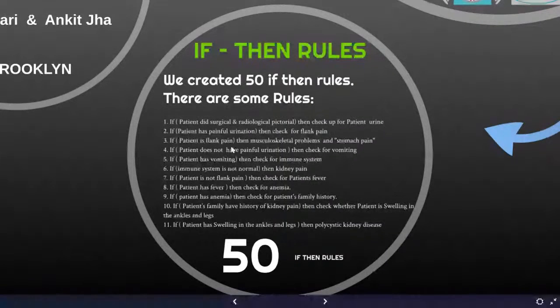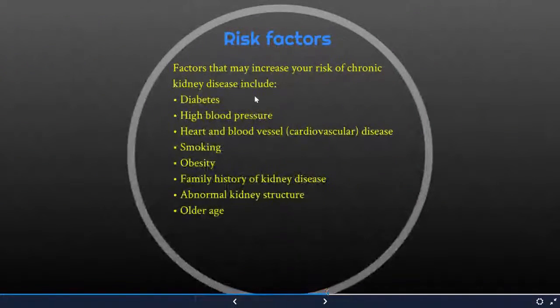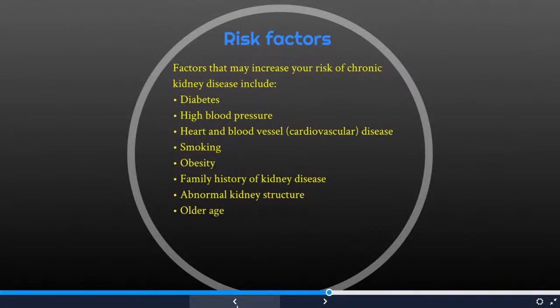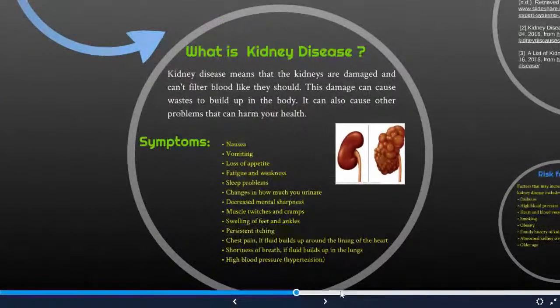The second one, if also for this one, then we have to check this condition for the patient. We see all the information, and it depends on yes or no, on the risk factors before, and on what kidney disease and its symptoms are.